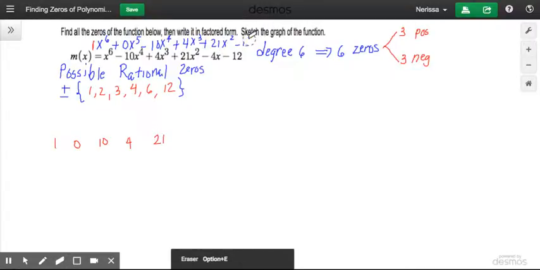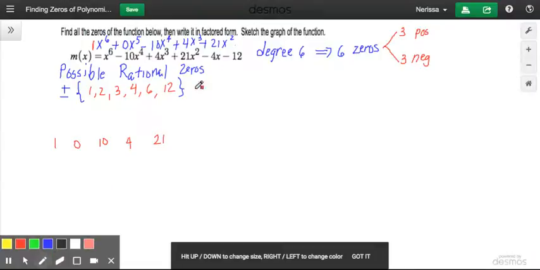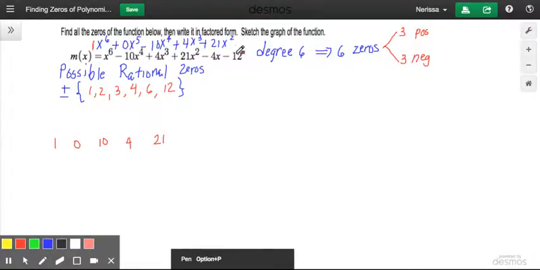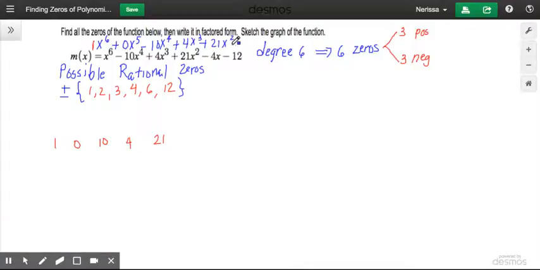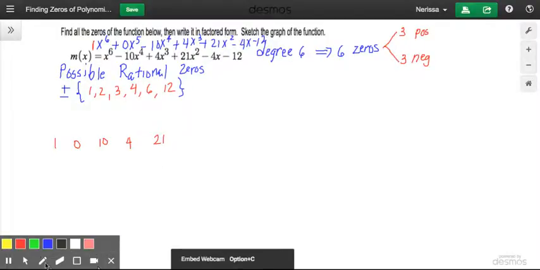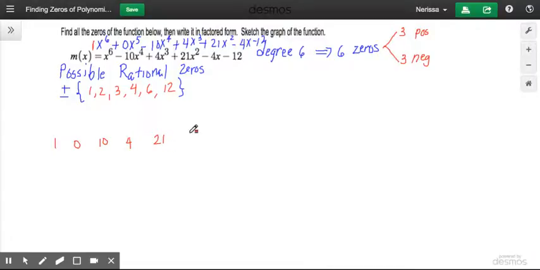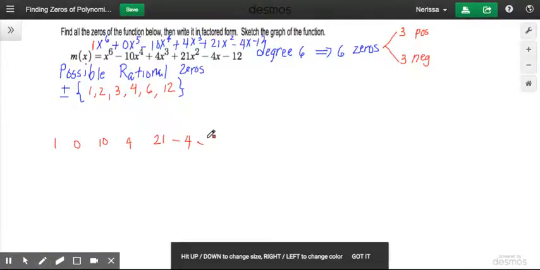So I am missing a 4x here. Minus 4x, and then minus 12. Okay, so then 21 is right there. So we will put minus 4, minus 12.